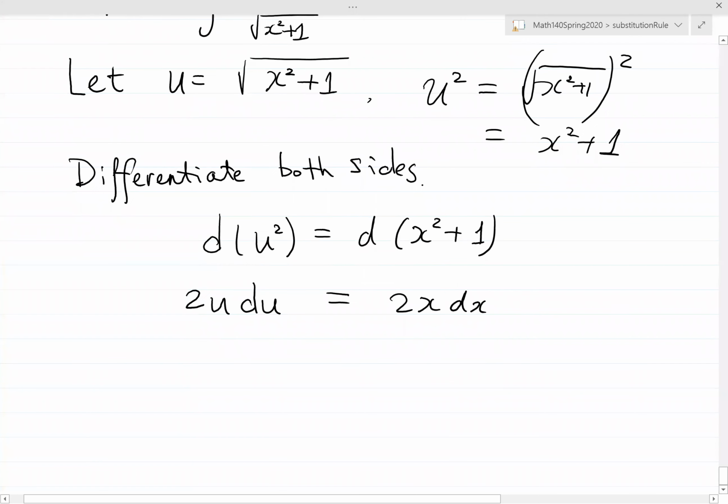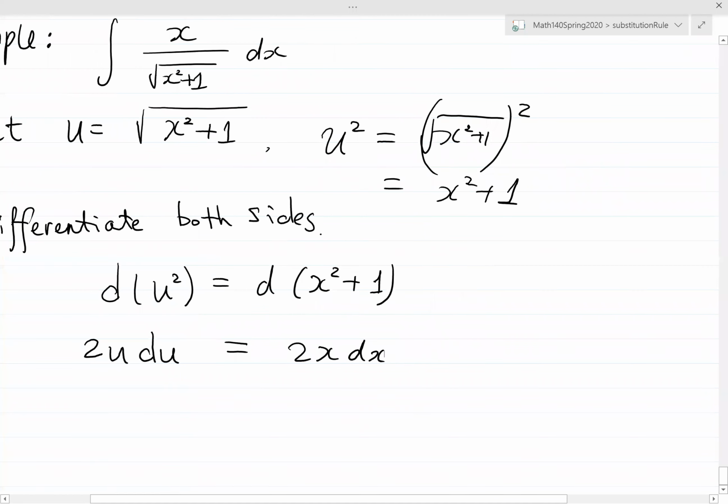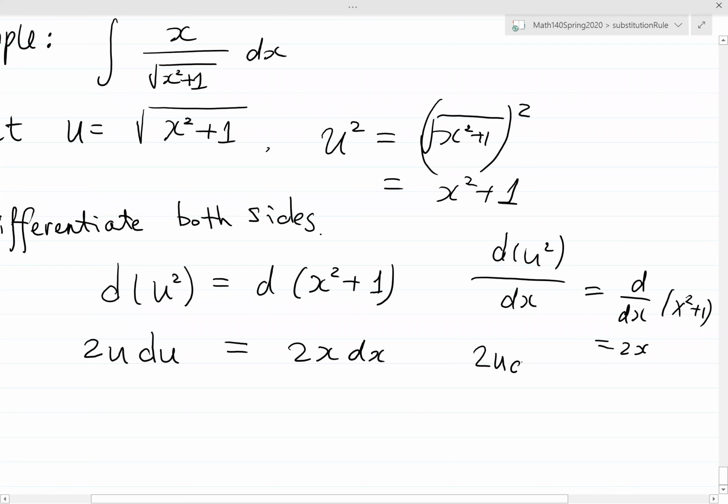You can check this by differentiating. For instance, d over dx of u squared, which equals d over dx of x squared plus 1, gives 2x on the right side. On the left, by chain rule, you get 2u times du over dx, since the derivative of u squared is 2u.